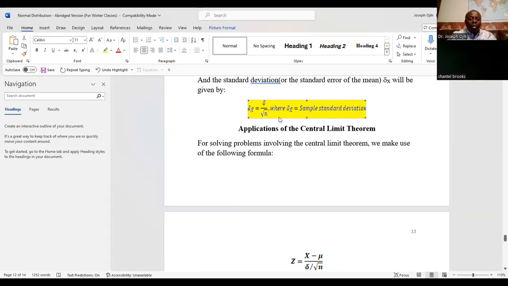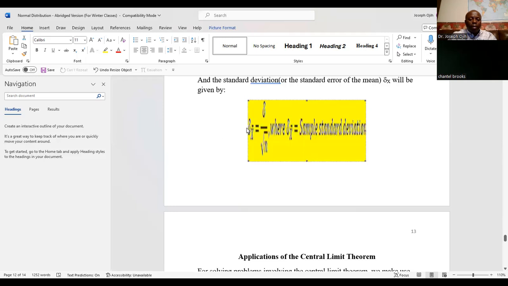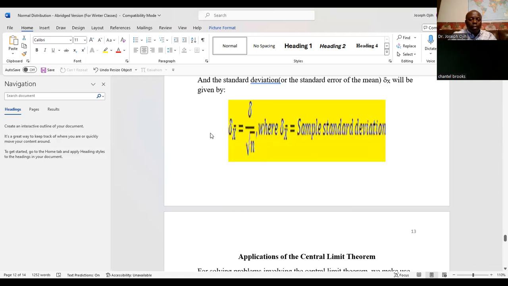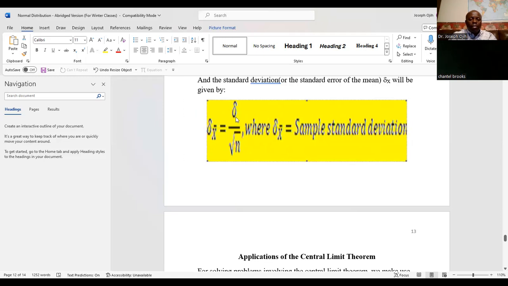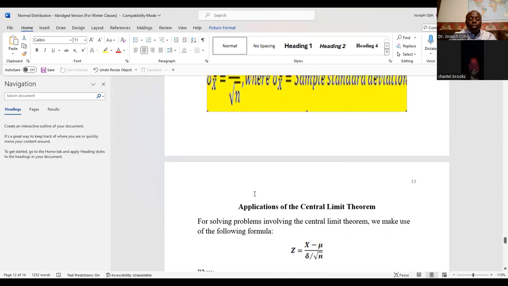Maybe I should make it bigger. Okay, I'm going to make it larger. So expand it more. Standard deviation over the square root of n. Maybe I need to get a better one from the other workbook.